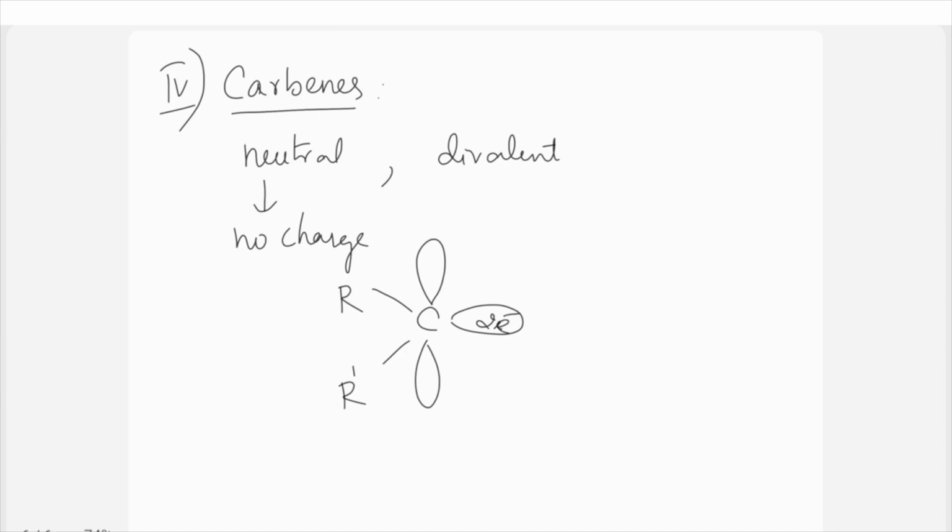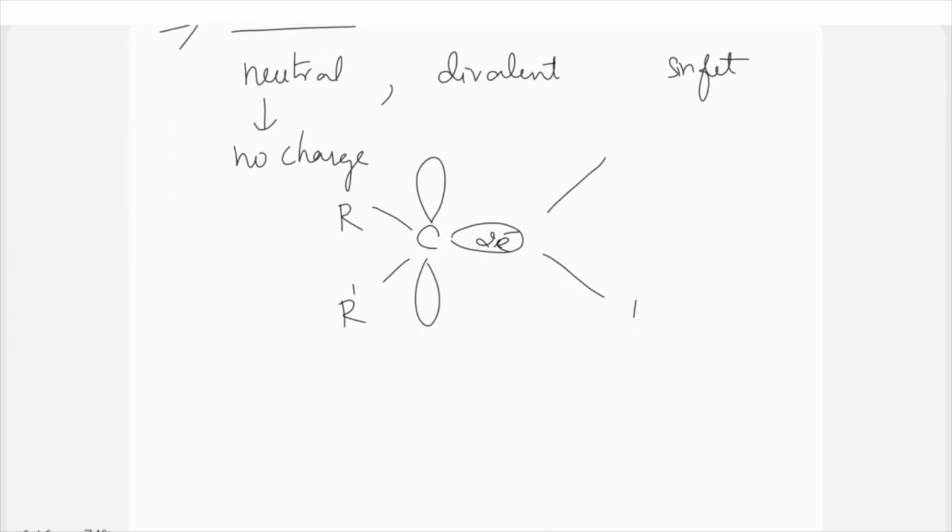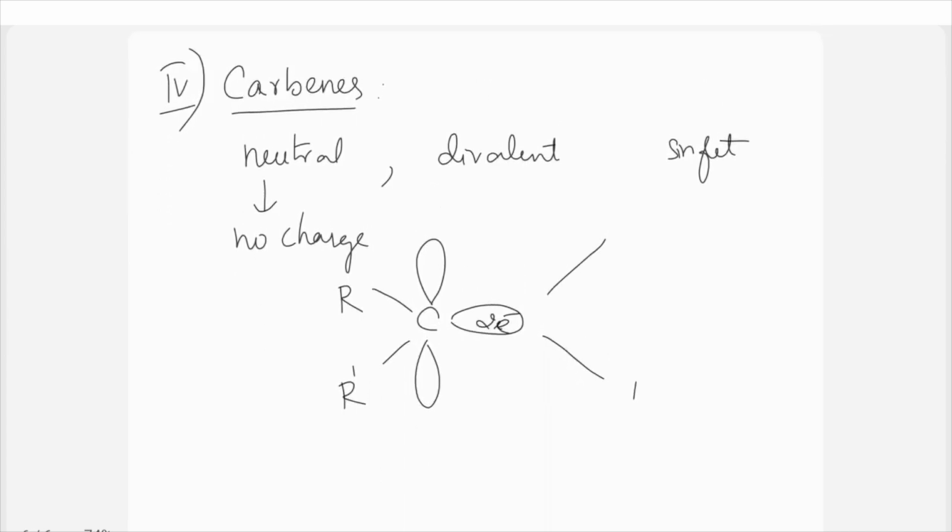Now this carbene can have 2 different kind of arrangements, and we call them either singlet or triplet. So when do we call them singlet and when do we call them triplet? So suppose the arrangement is same.